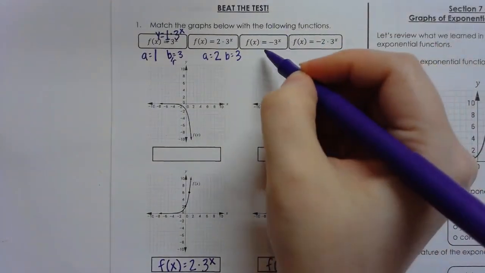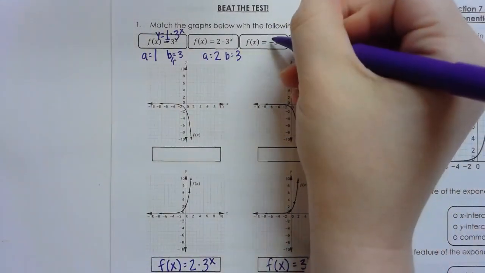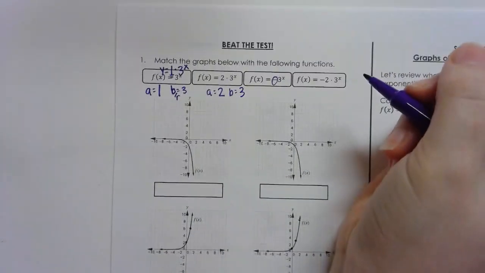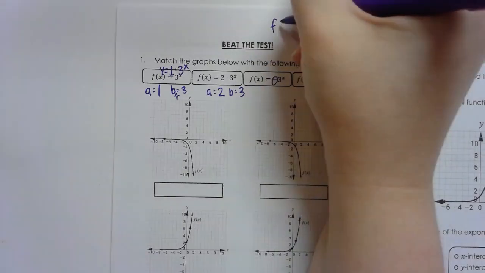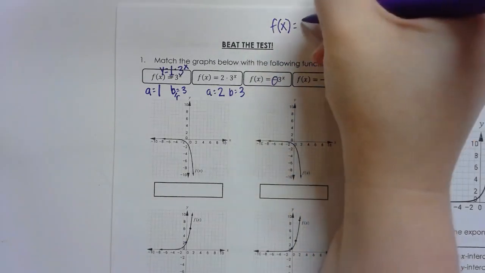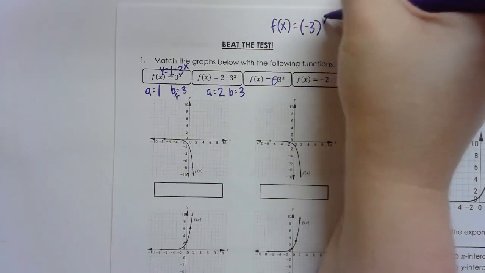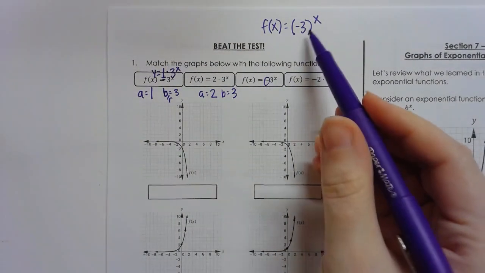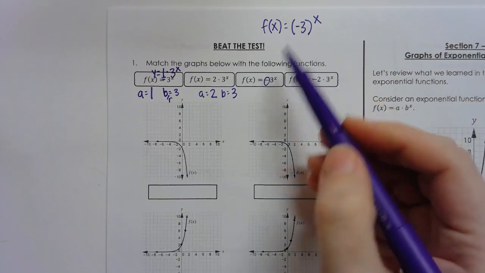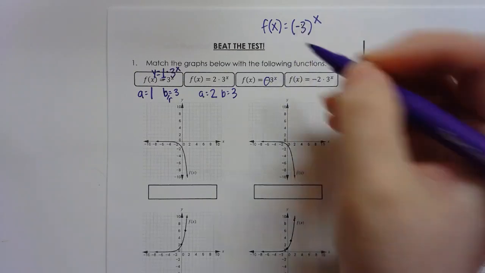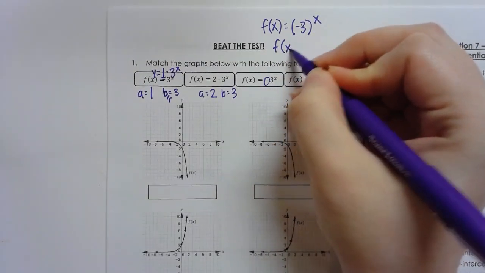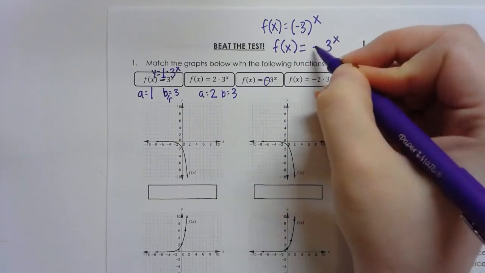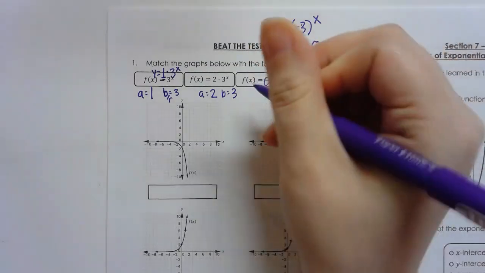This next one is a little tricky because it does have this negative out here, okay? If it was f of x equals (-3) to the x, then that -3 would just be my common ratio. It would just be my b. But because it's not in parentheses, because it's -3 to the x, this negative is actually a -1.